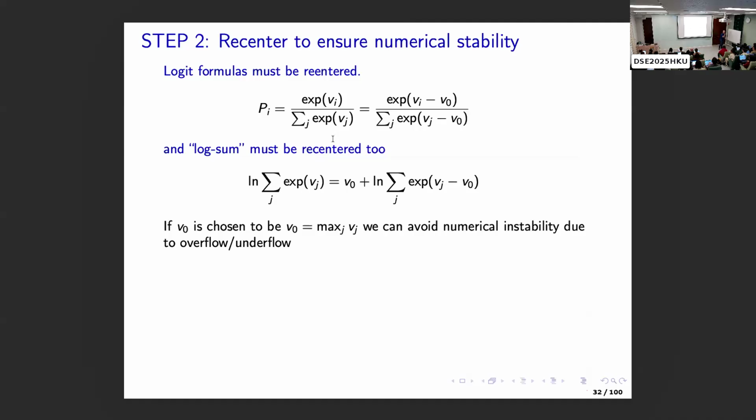Now, there are some things that matter in terms of implementation here. For example, when you work with logit formulas, you need to recenter. What happens when beta goes high here? What happens to V? It becomes big, right? Because now we're discounting all those Harrow-Sucker utilities from the infinite future, putting weight on everything.